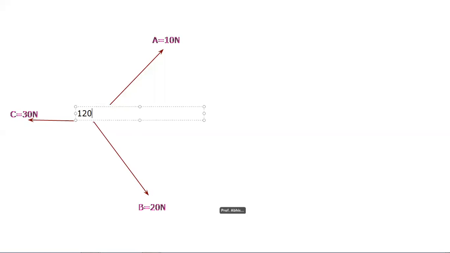This angle is given as 120 degrees. Now, are you able to find the unknown angles by using the Lamy's theorem? That is what we are going to see now.